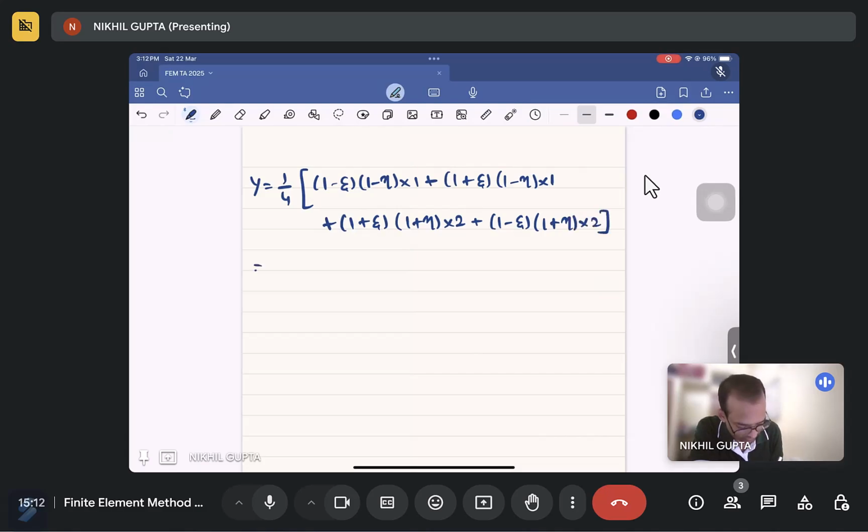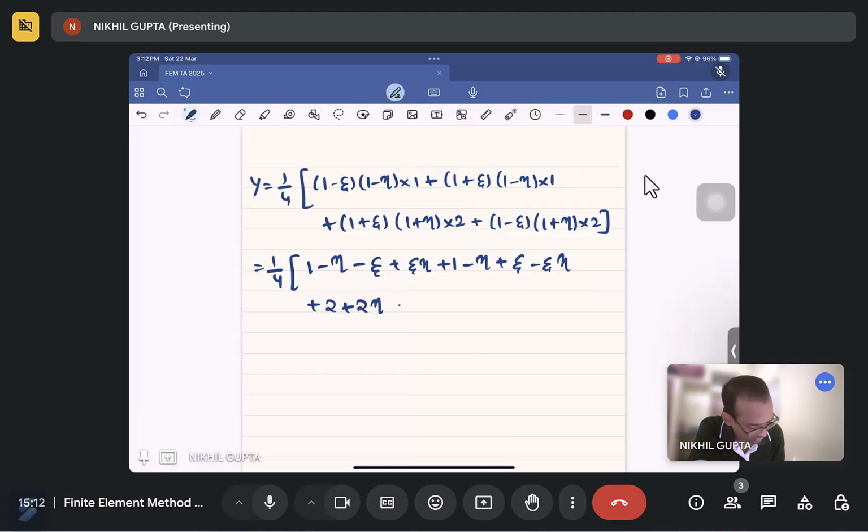When you solve this, what you will get? 1 by 4 of 1 minus eta minus xi plus xi eta, plus 1 minus eta plus xi minus xi eta, plus 2 plus 2 eta plus 2 xi plus 2 xi eta, plus 2 plus 2 eta minus 2 xi minus 2 xi eta.